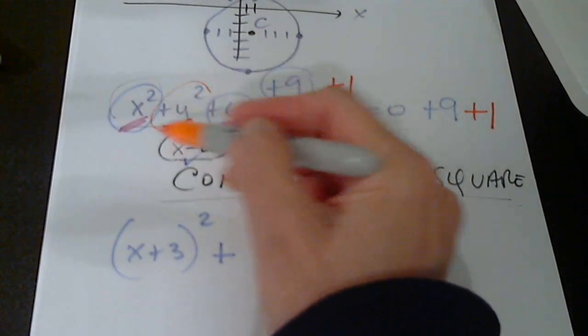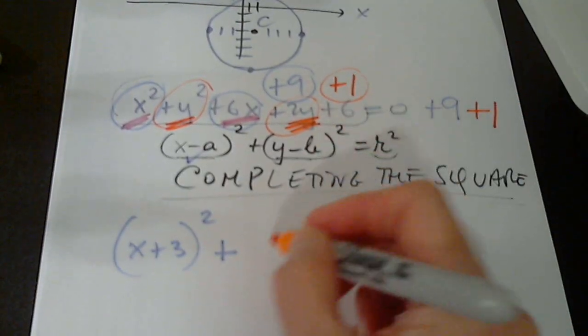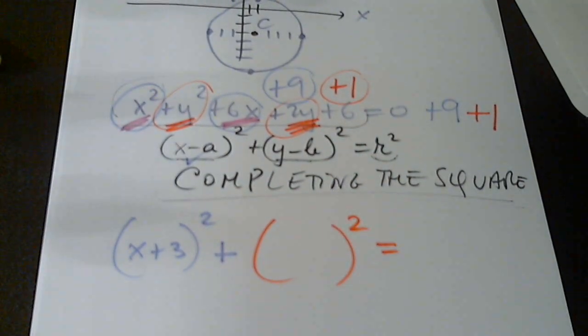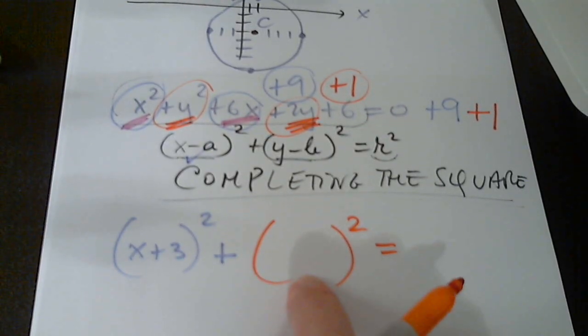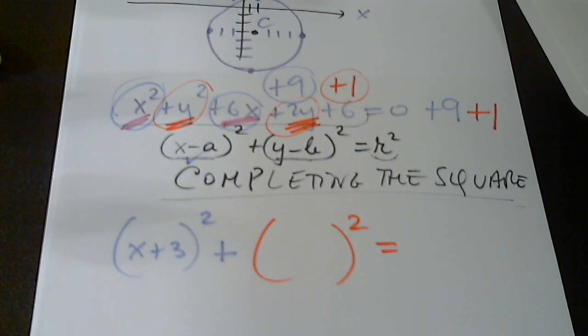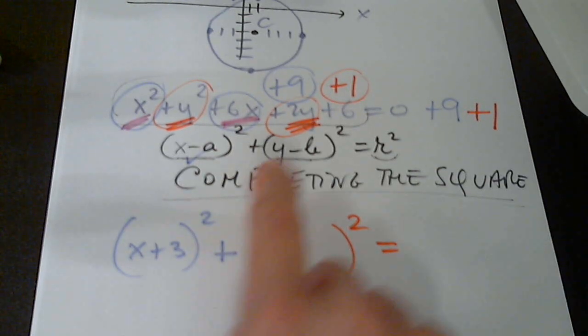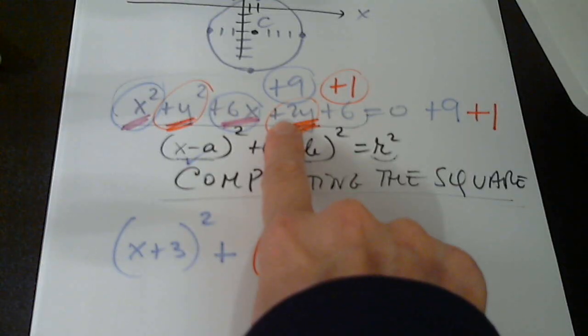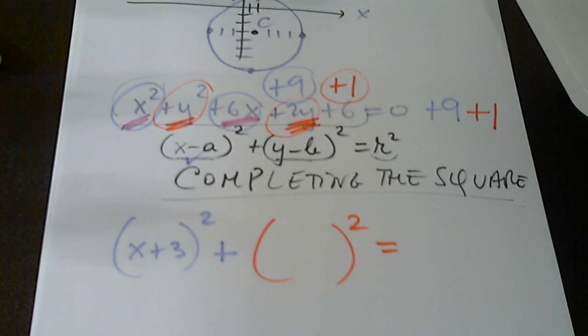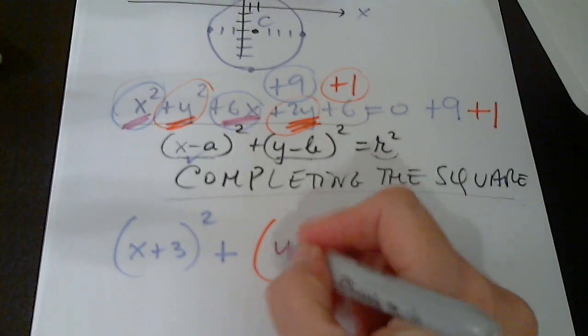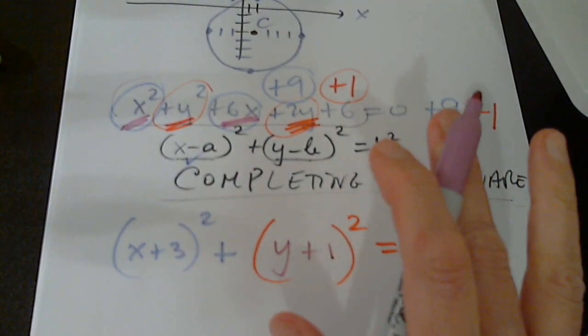So now, this and this and this are here. Y minus 1? But it's plus. And it's not x, right? Exactly. Indeed.